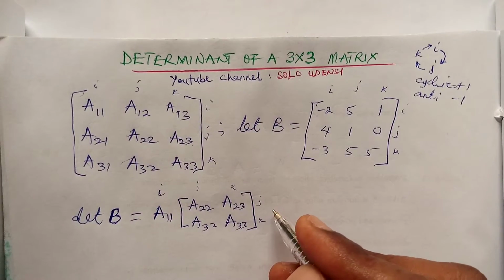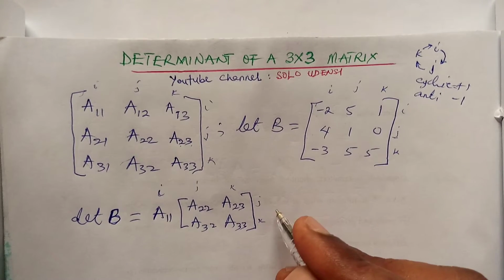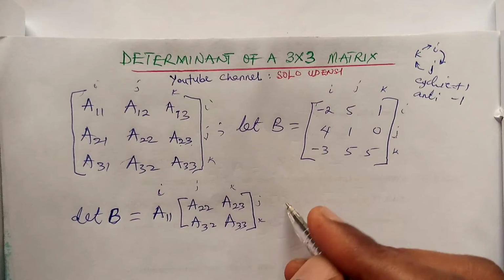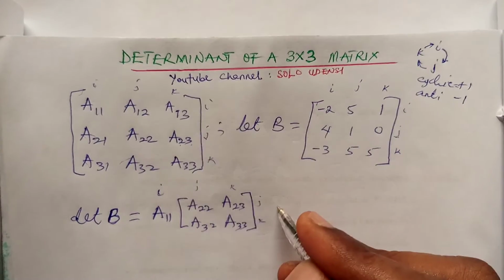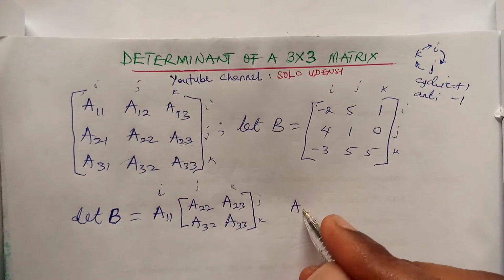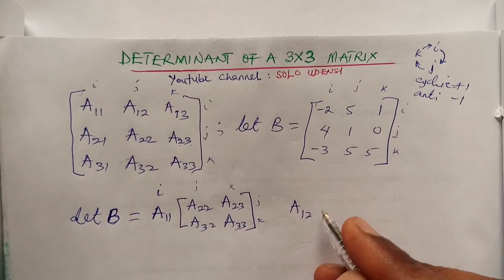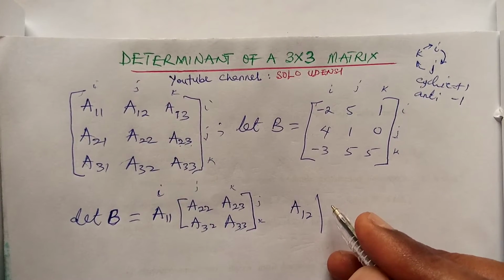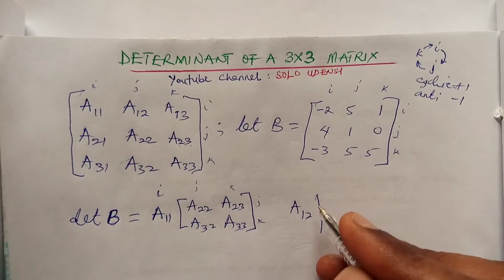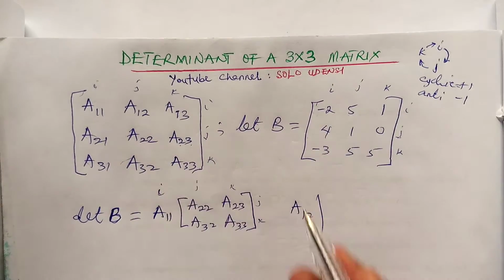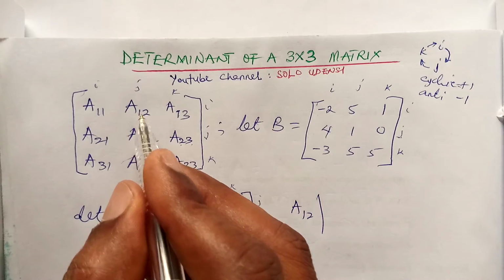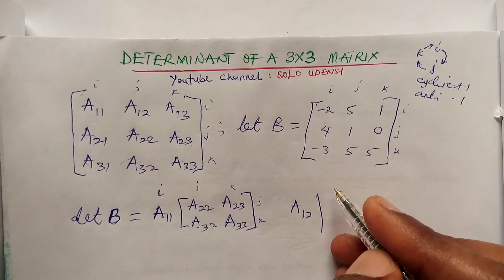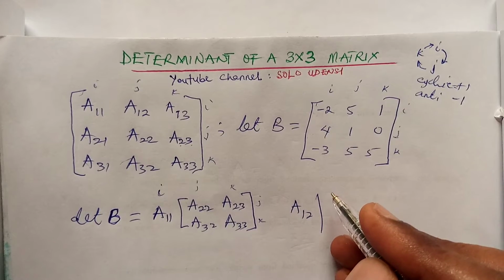Then the next one, we want to make it cyclic. If you want to make it cyclic, then the next one we're going to pick is A12. A12 is 22, this one is a J, so we want it to have a KI.